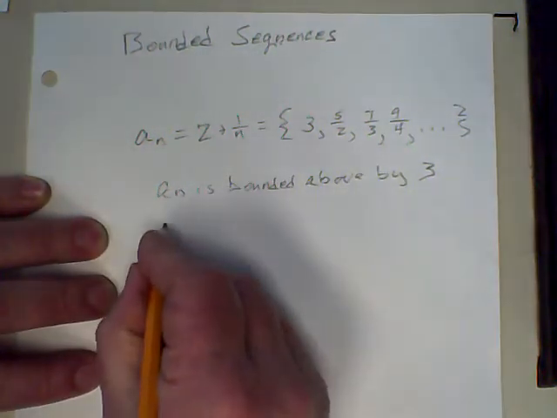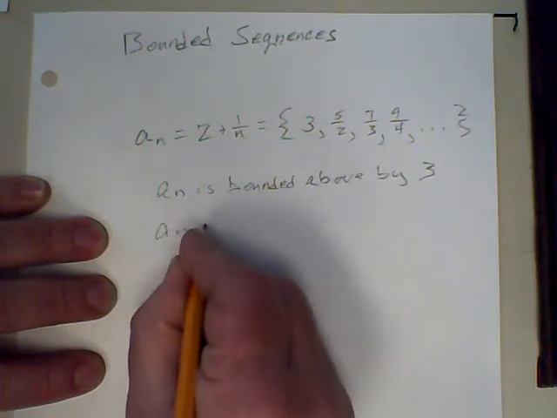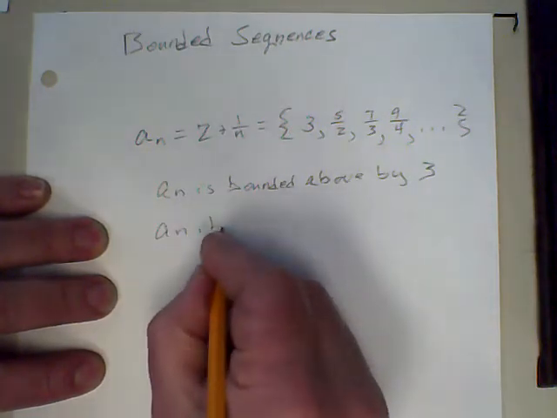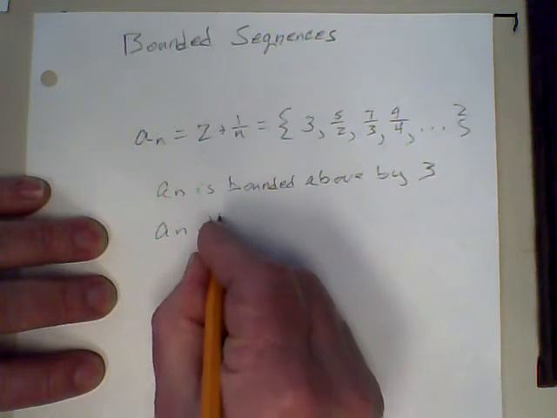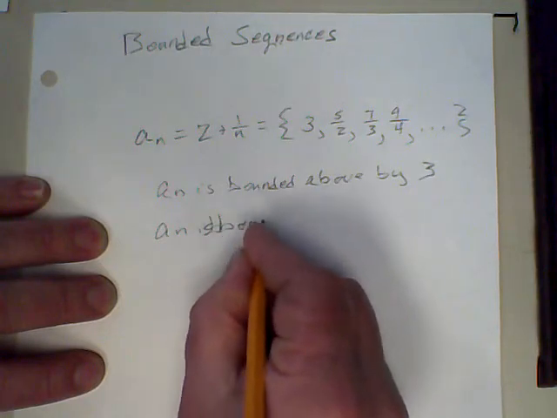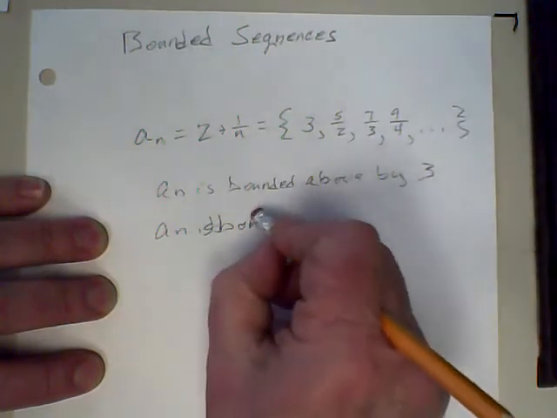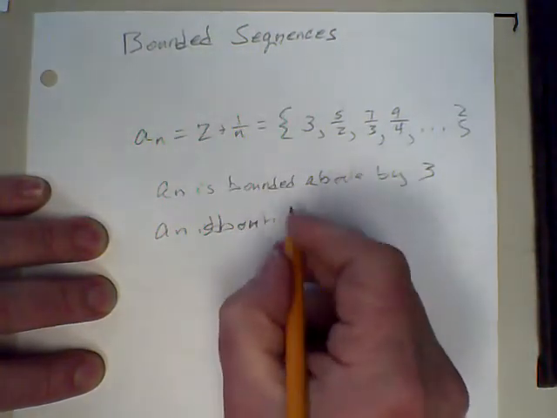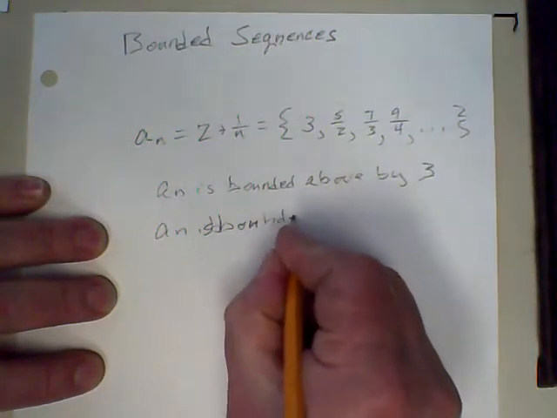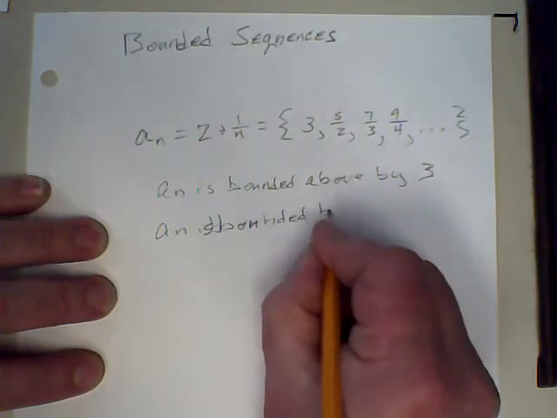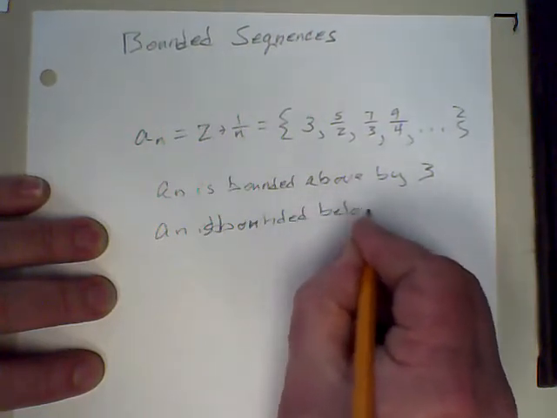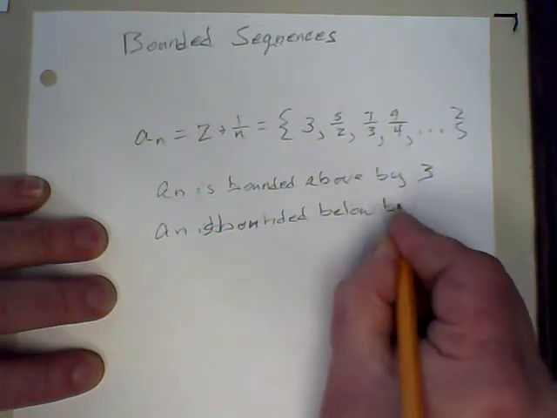So we would be able to recognize that a sub n is bounded below by 2.